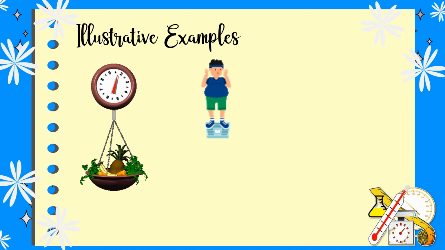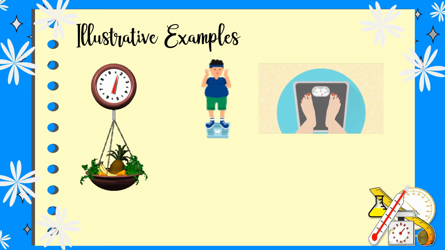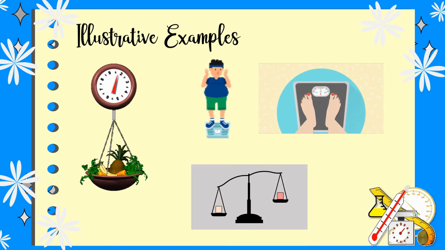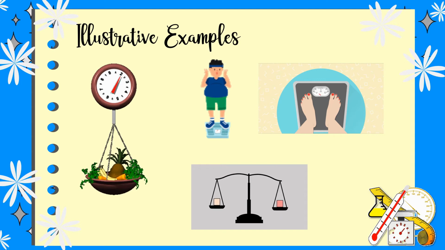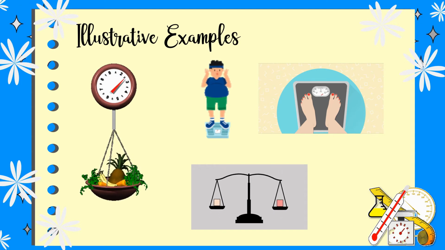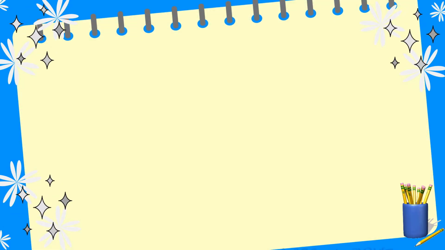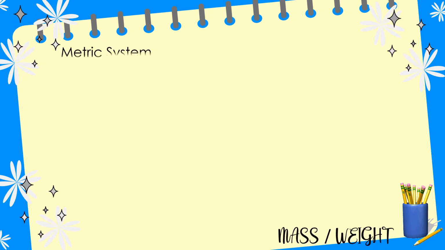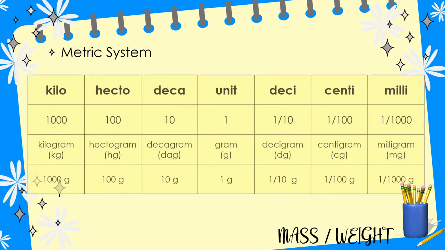Look at these examples. These are the different tools that we use in getting the mass of an object. The units of measurement for mass uses the same prefixes that we use for the units of measurement for length.